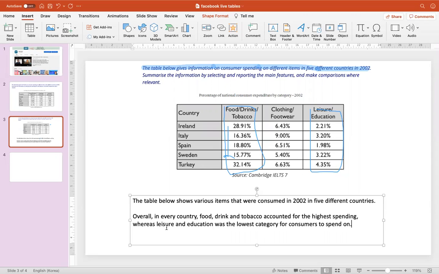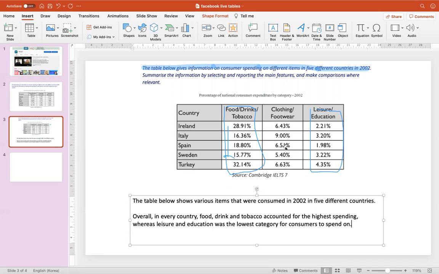So at the moment in the overview, we're not actually mentioning any of the people or any of the countries or any of the specific things. We're just generally saying, if you look at the table, what do you notice? Overall, this is the biggest and this is the smallest.